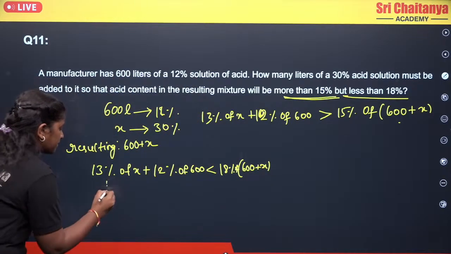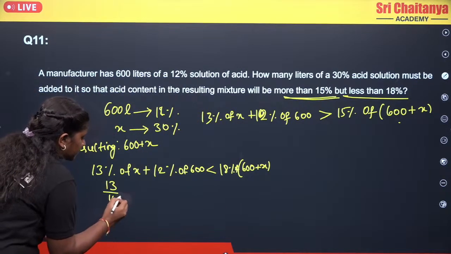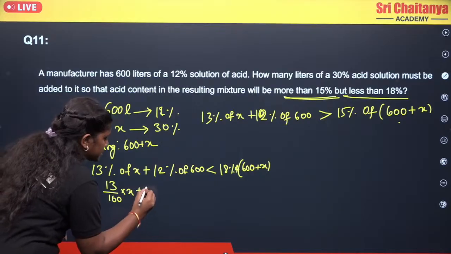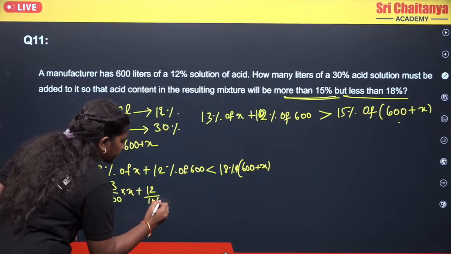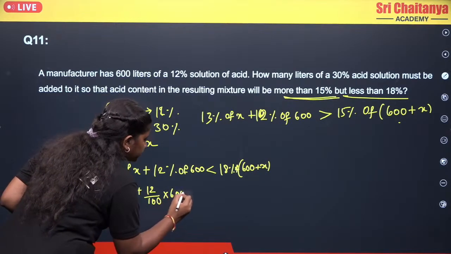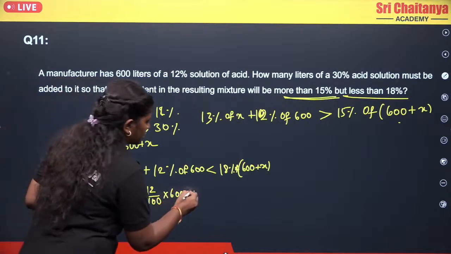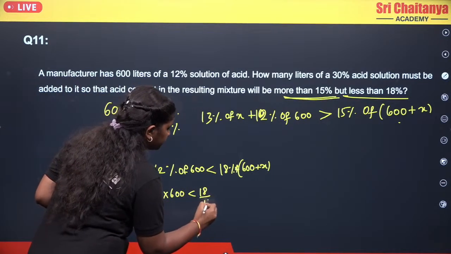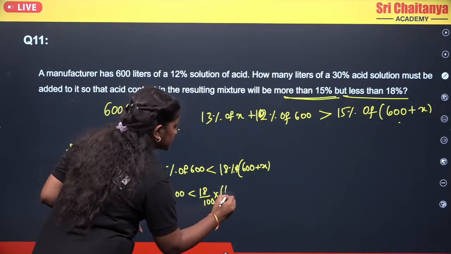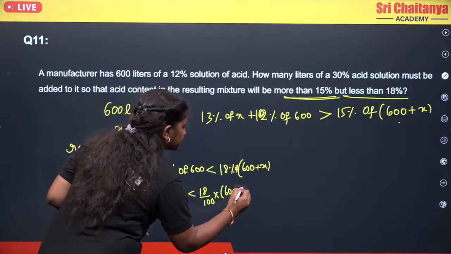Okay, so same, 13 by 100 into x plus 12 by 100 into 600, it should be less than 18 by 100 into 600 plus x.